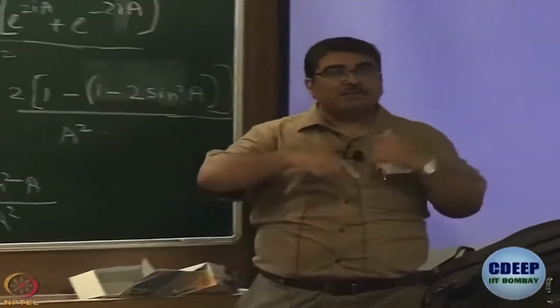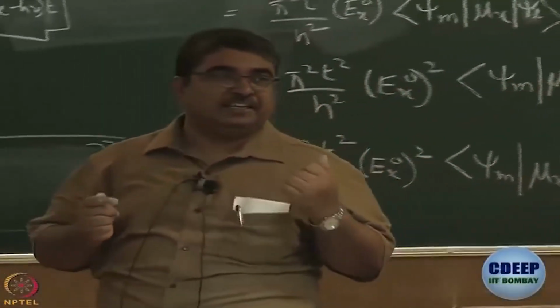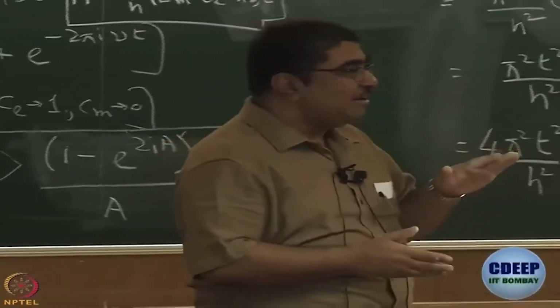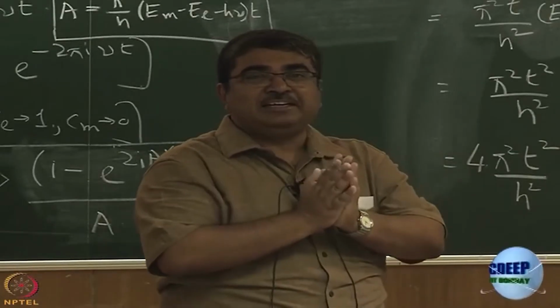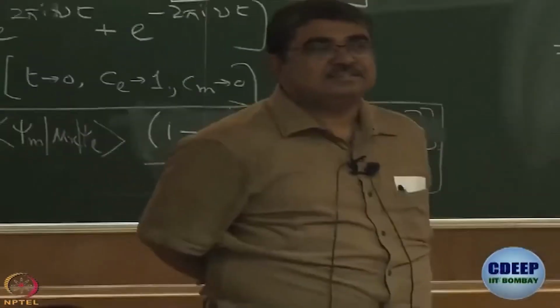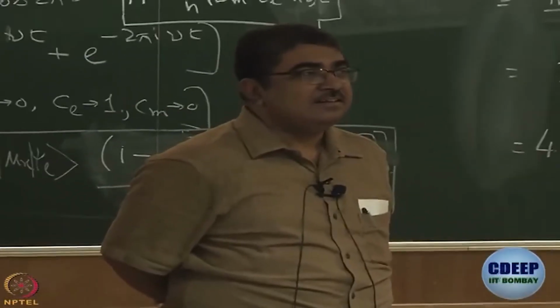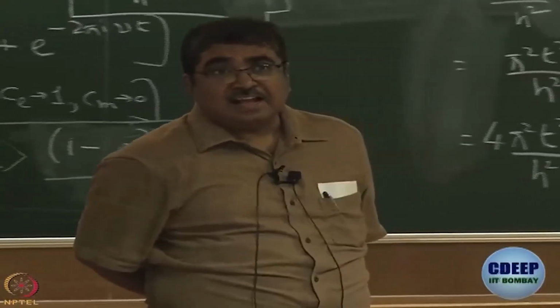Alright. Now, if I go back to those classes on experiments that we had initially, we are talking about absorption, right? For absorption, what is the experimental parameter of probability of transition? Experiment.